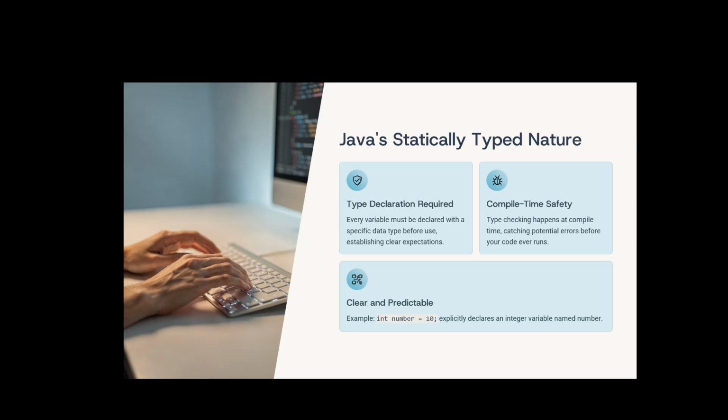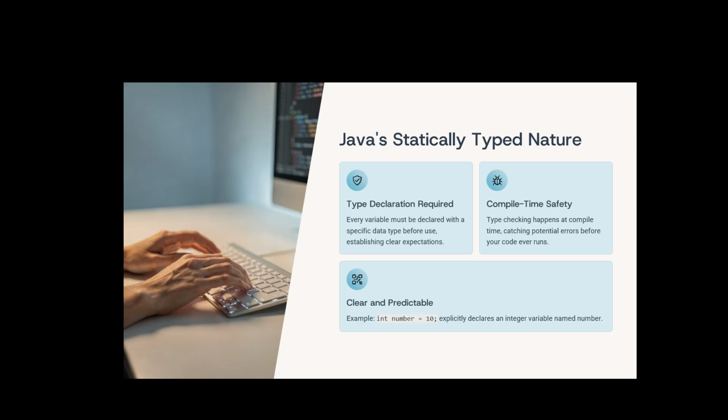As we can see in this particular example, int number is equal to 10. This explicitly declares an integer variable named number. It explicitly says that int is an integer, so the variable is number and the value which is 10 is being assigned to the variable number, and here the data type of the variable number is an integer.